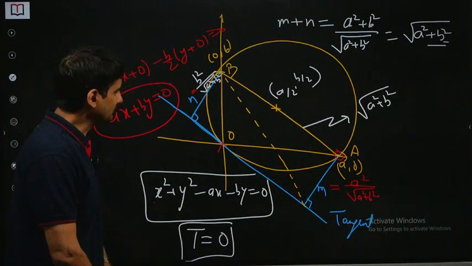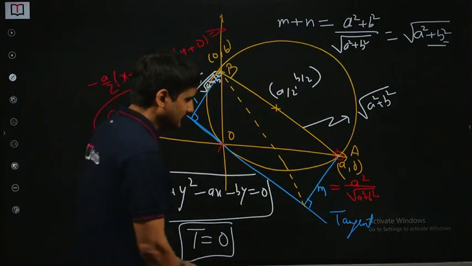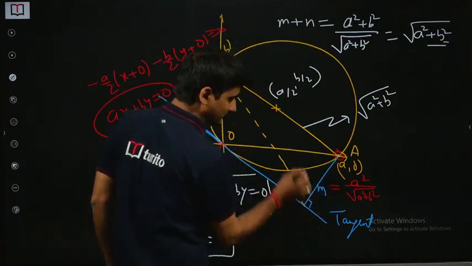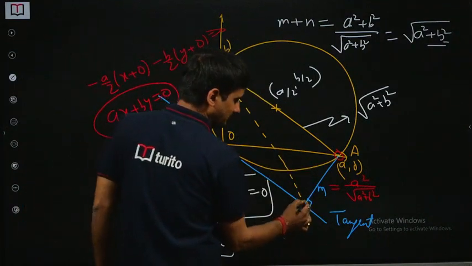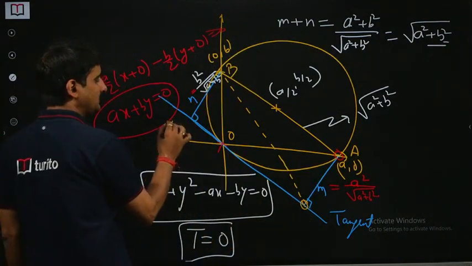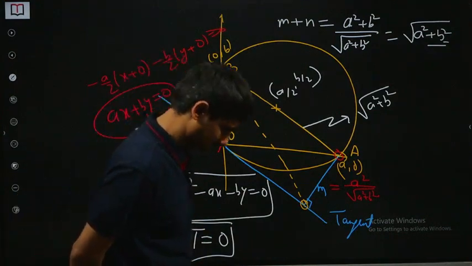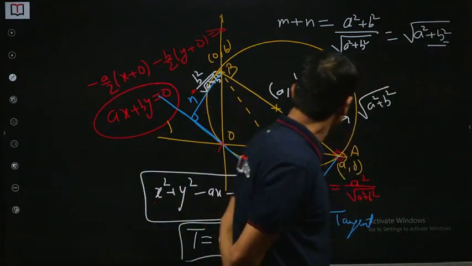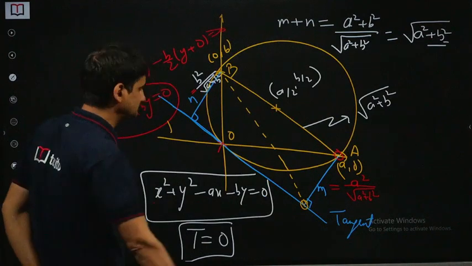That will be a lengthier process. We can always have this line also, because it is perpendicular, then we can find this point, but for that we use capital T equal to 0, the tangency condition.